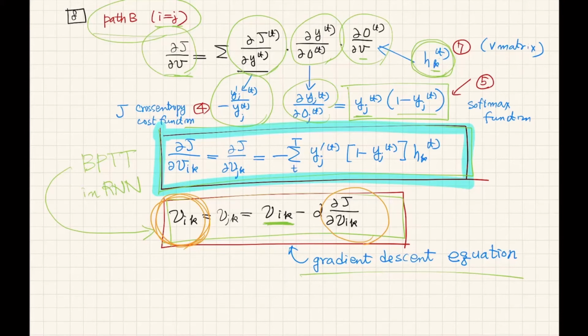If you know the true value at stage t, and also you know the output at stage t that is described by 1 minus yj, and if you have the hidden layer number at stage t, you can calculate the derivative of the total cost function, and then you plug it into this gradient descent equation, and you can update the V matrix.